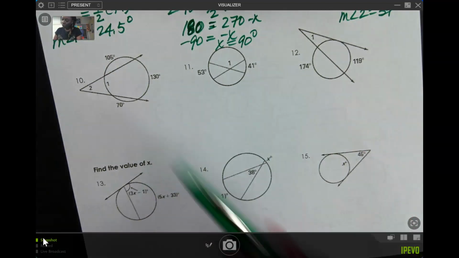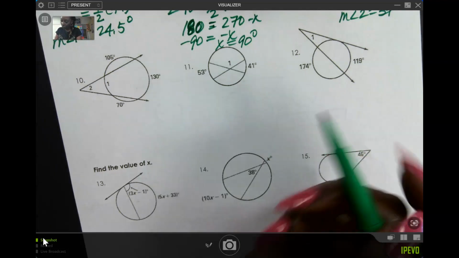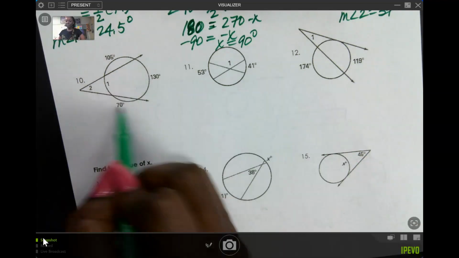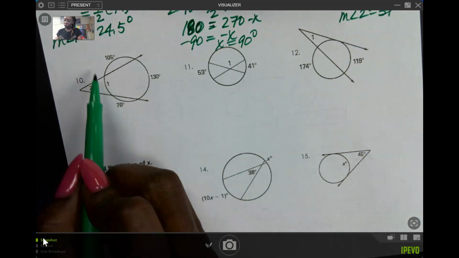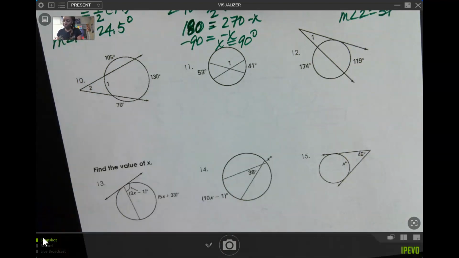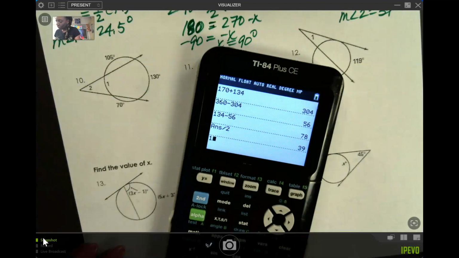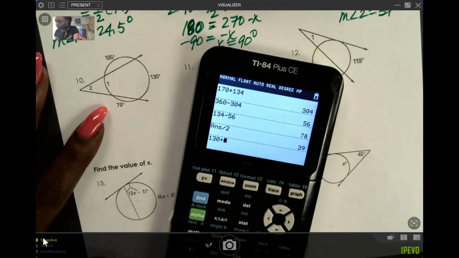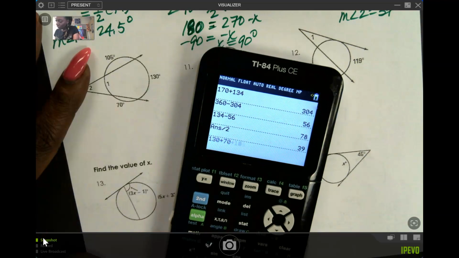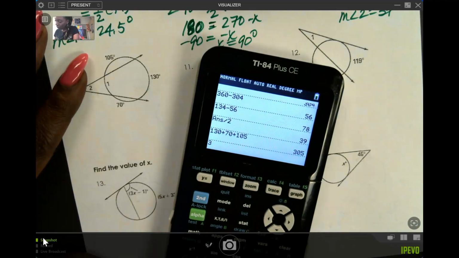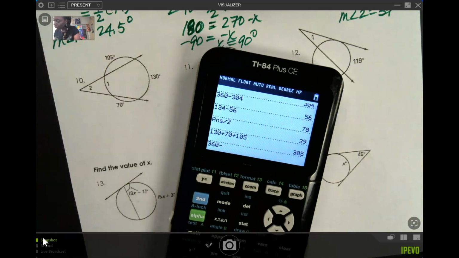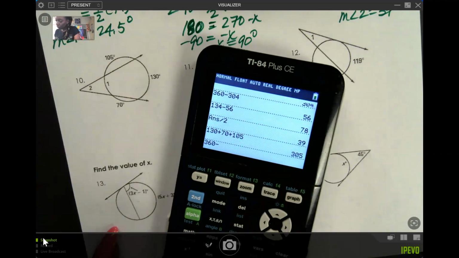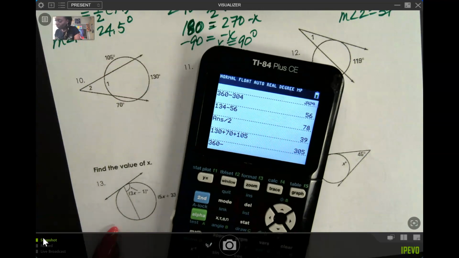All right, so looking for, again here, this is 130, that's 105. This piece over here is 70, so I can easily find arc 1. It's just whatever's left over after I subtract all of those from 360. So we're going 130 plus 70 plus 105, which I want to say was 305, right? Yep. So 360 minus 305 is 55.